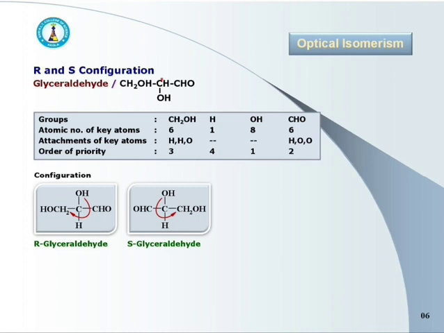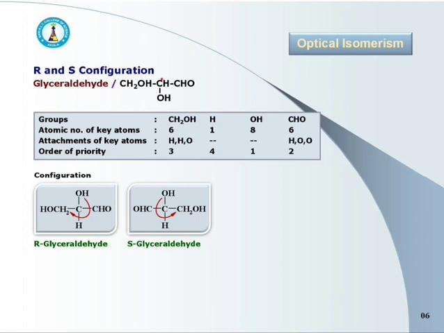For the OH group, the key atom is oxygen, and for the CHO group, again the key atom is carbon. Atomic numbers of these key atoms are 6, 1, 8, and for carbon it is 6.